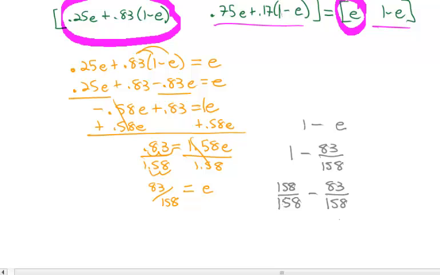And we do that on our calculator. 158 minus 83 is 75 over 158. So the equilibrium vector is 83 over 158 and 75 over 158.